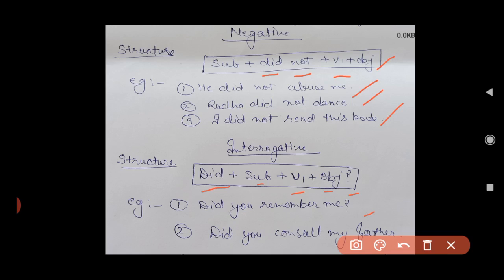Did you consult my father? First we put did, then the subject you, and after that consult, the verb's first form, and at last my father, the object of the sentence, and at last we will put a question mark here. Okay, so don't forget to use a question mark in interrogative sentences.